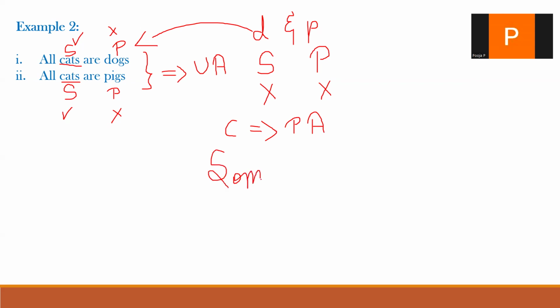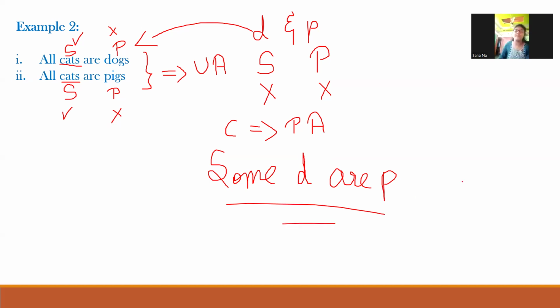So some followed by subject. What is the subject? Dogs. Some dogs. What will be your quantifier? Because it's positive, affirmative, particular affirmative. Are. Yes, ma'am. So some dogs are followed by your predicate, that is pigs. So are you guys clear till here? This will be your conclusion.